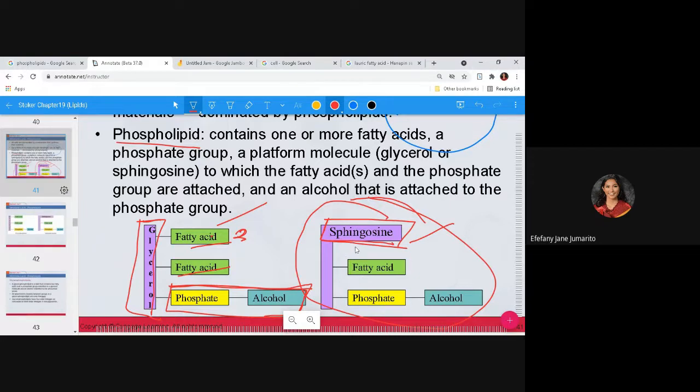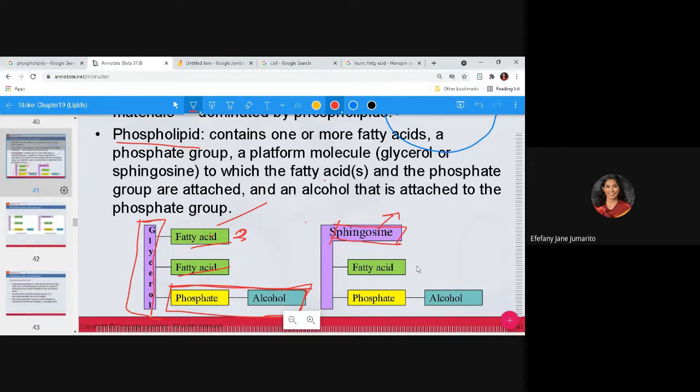Look at the difference, class. When we have sphingosine as your backbone, sphingosine is big, so it can occupy this one. If you compare that to glycerol as your backbone, glycerol would have two fatty acids, but sphingosine is a big molecule and it can occupy the first fatty acid.